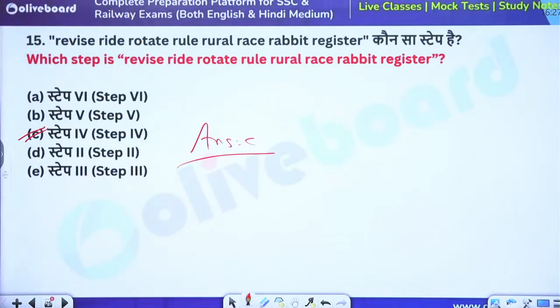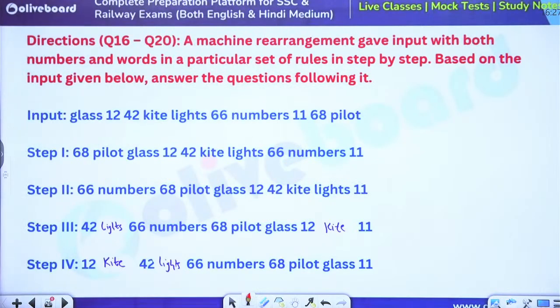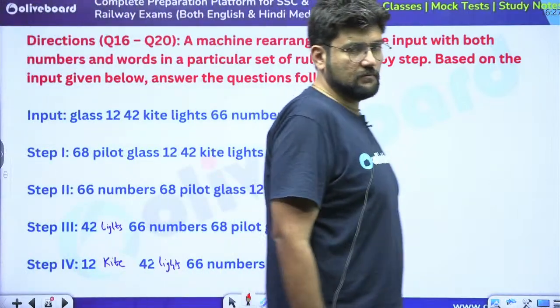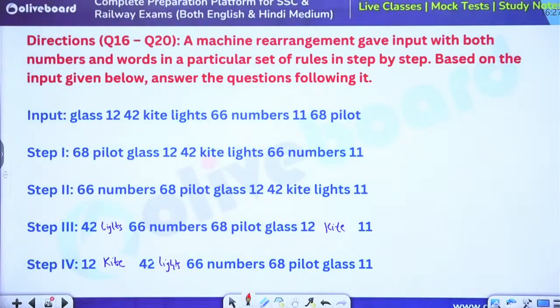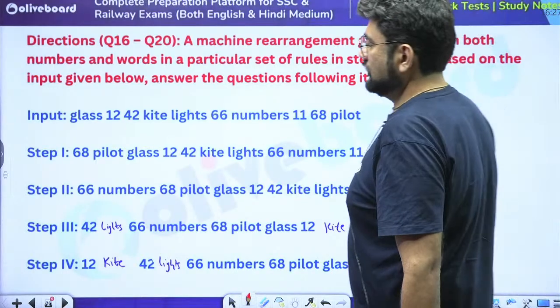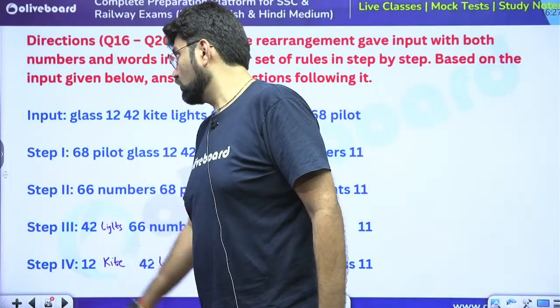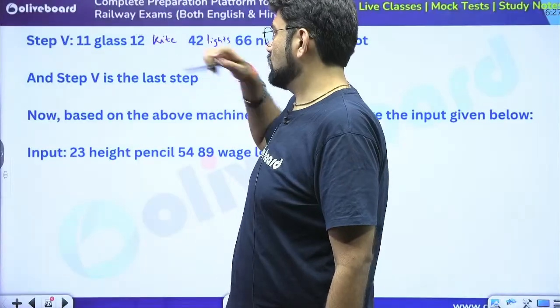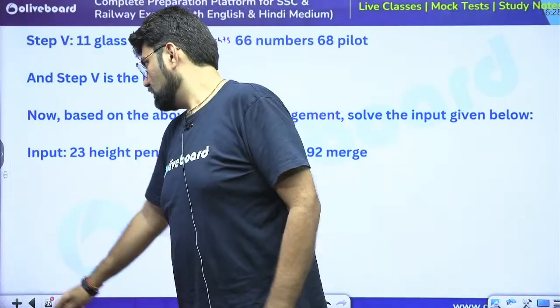Okay. Done. Next batch. This is the next batch of questions. Machine input output. So we observe the input first and then look at this step 1, step 2, step 3, step 4, step 5. Step 5 is the input output step. Okay. Look at this again.